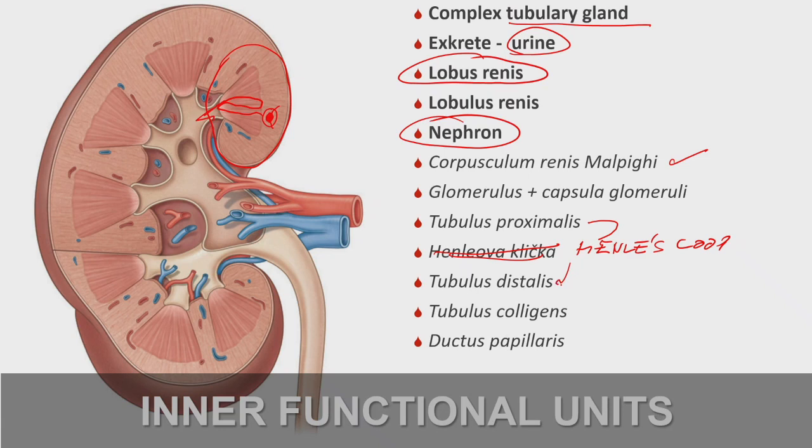After Henle's loop, it's the distal tubulus, then definitive urine goes to the tubulus colligens, and from the ductus papillaris, the urine is then flowing through the papilla to the collecting system.